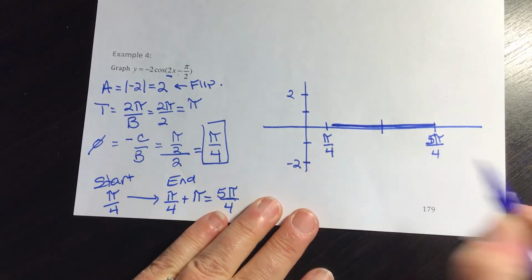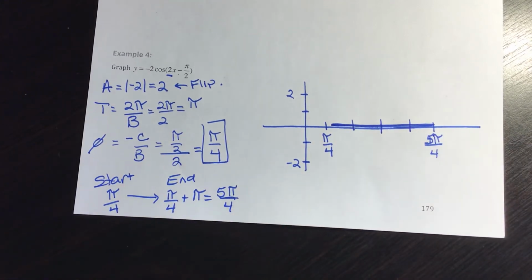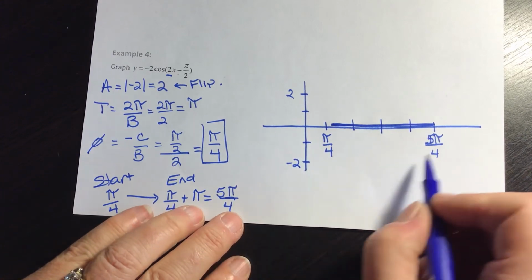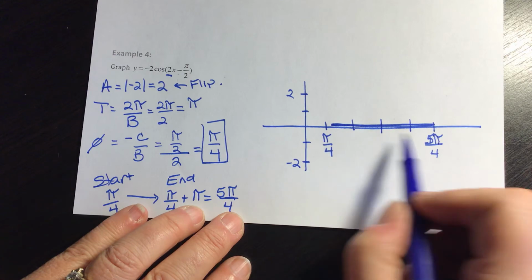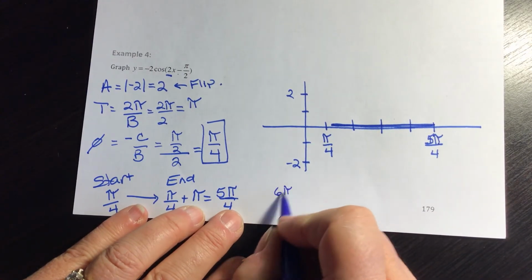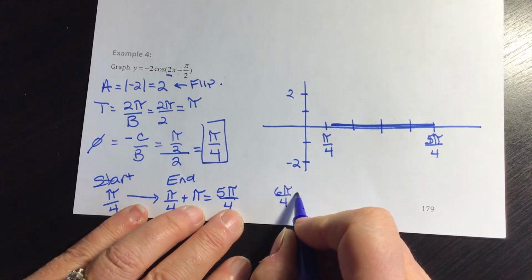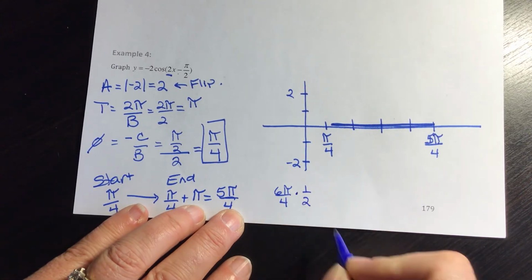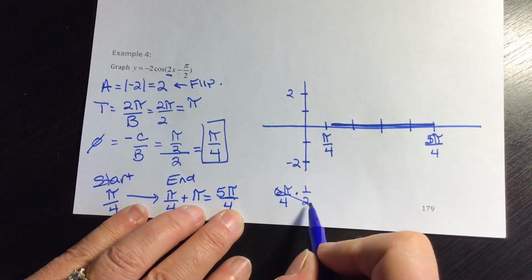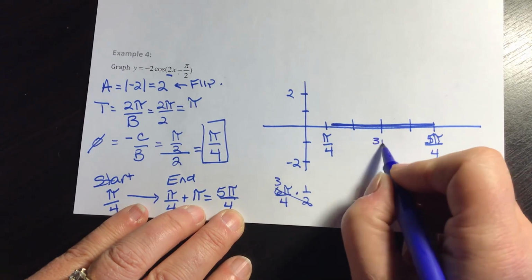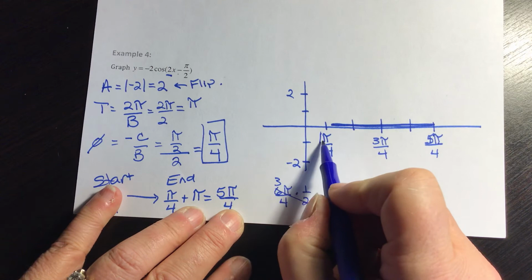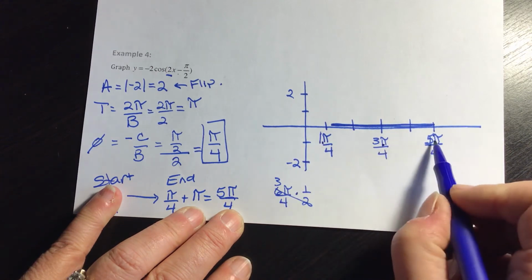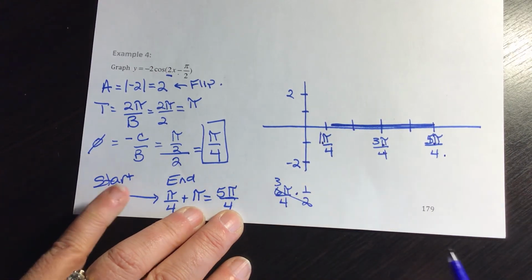But now I need to identify what those points are, and to do that I need to find the midpoint between these two. So I'm going to add them up. So I have 6 pi over 4, and I'm going to divide it by 2 or multiply by 1/2. So this would be 3 pi over 4 in the middle, and that makes sense. 1 pi over 4, 3 pi, 5 pi, same denominator.